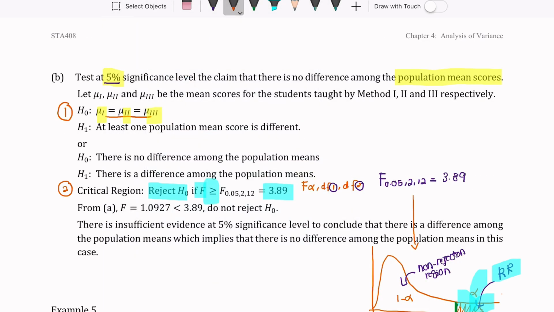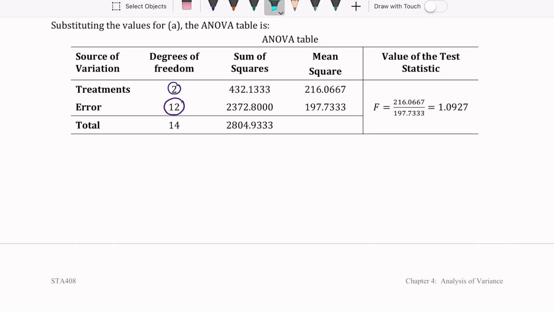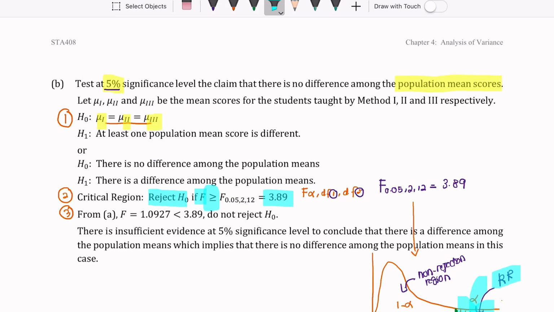Step number 3 is to make a comparison. We have to compare our F calculated that we obtained in the ANOVA table with the critical value. Based on our ANOVA table, we have F calculated 1.0927. 1.0927 is less than our critical value 3.89, which means it falls in this region. Therefore, we fail to reject H0, or we do not reject H0.